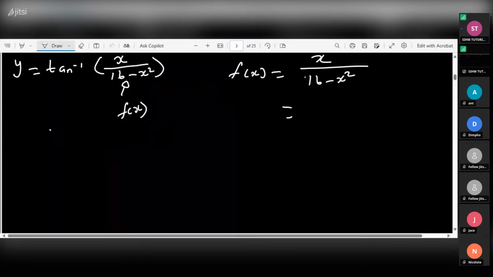For this, remember I'm going to use the quotient rule, as you know. The quotient rule says you first derive the numerator, and then you derive the denominator, and then you divide all of those by the denominator squared.